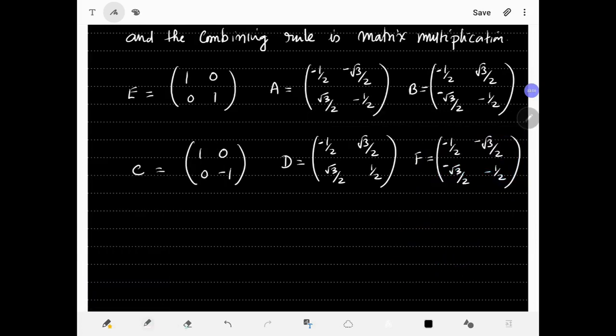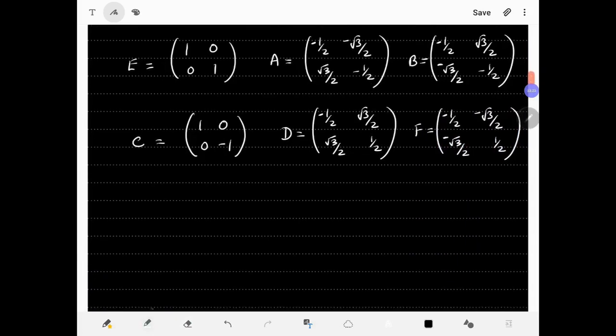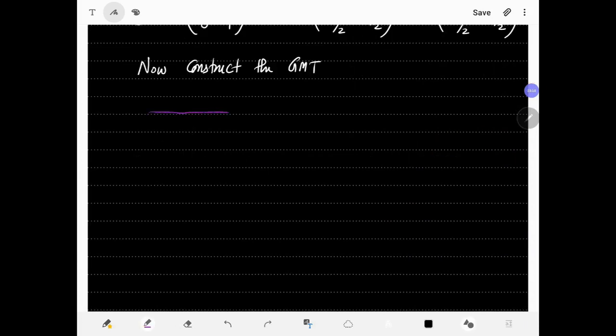Now construct the group multiplication table. Here we have 6 elements, so the order of the group is 6, and hence there are 36 combinations possible.